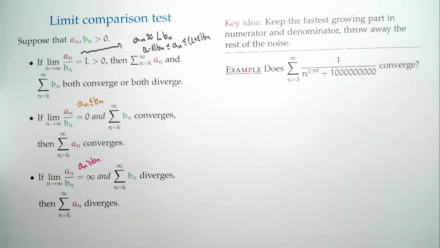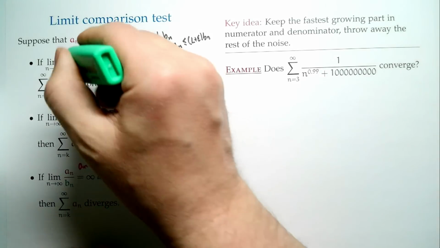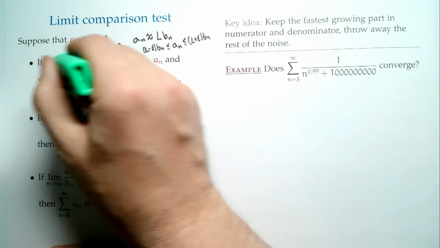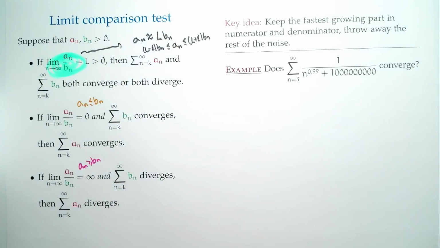Now, most of the time that we're going to use this limit comparison test, we'll primarily focus on this first case. So that's our interesting case. When does the limit of a sub n over b sub n equal L? Now, what's our theme here?